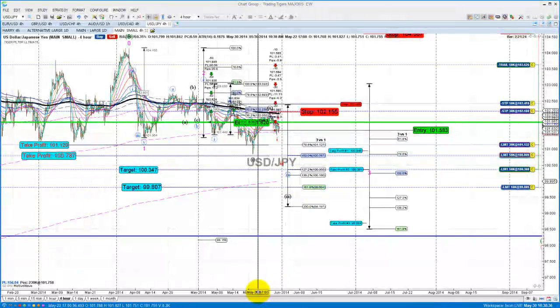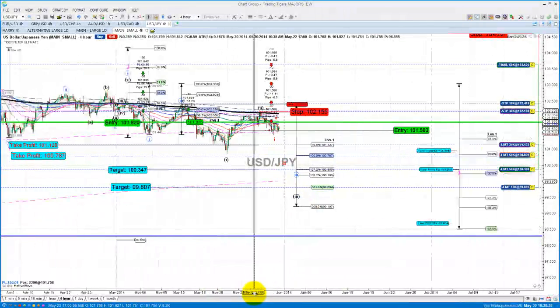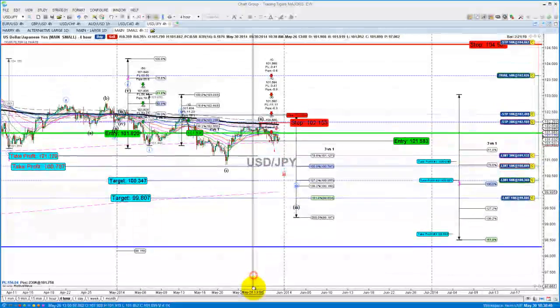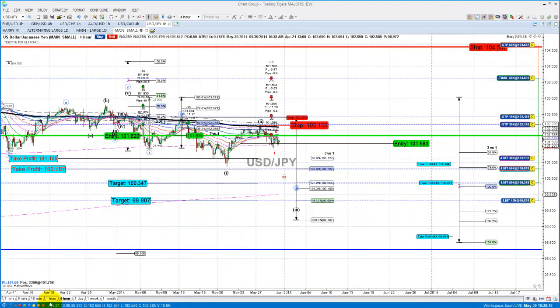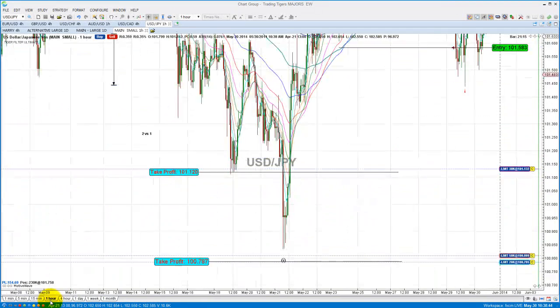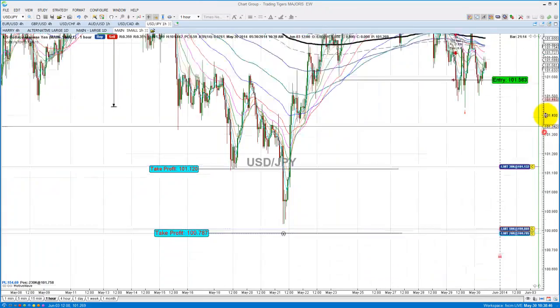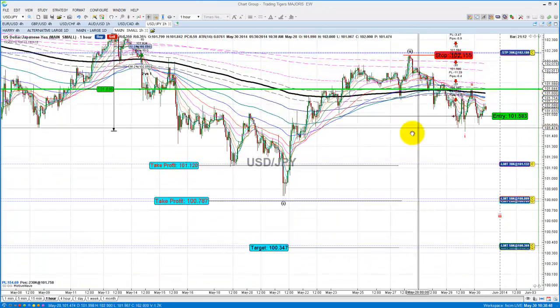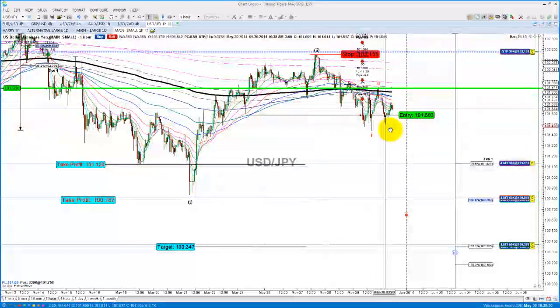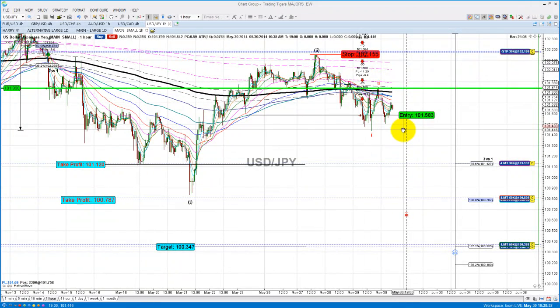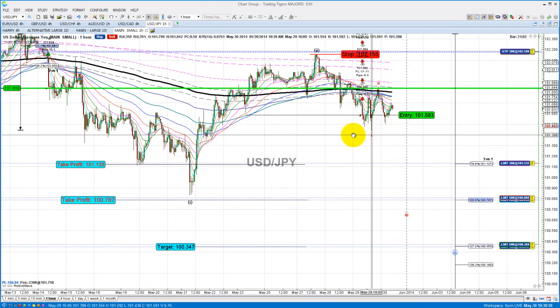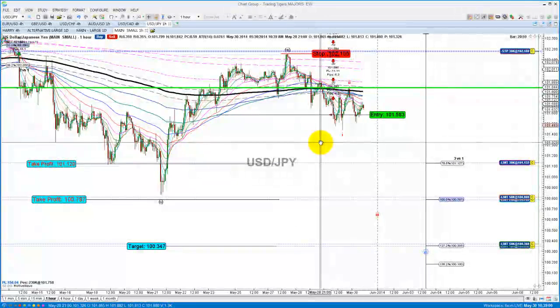Of course, we will have another wave count pattern to go the opposite way based on the 1 hour. Let me show you on the 1 hour, because we need to see these levels taken out and brought down. Once this level here at 101.433 is taken out, then we will be sure that our wave count is correct.